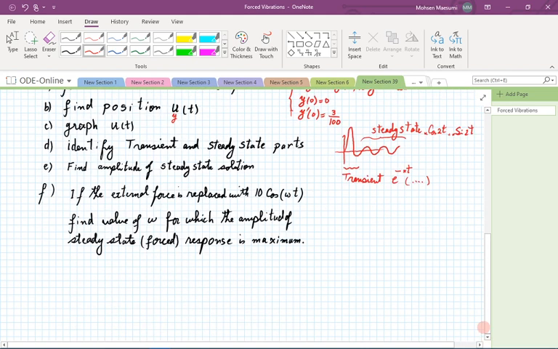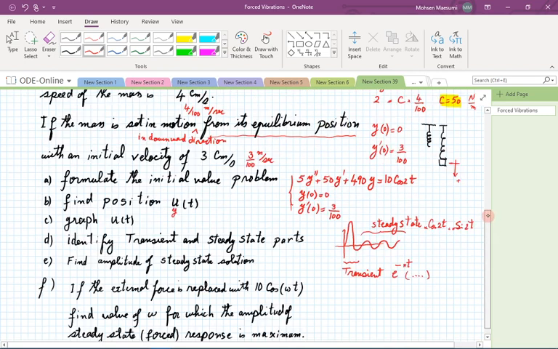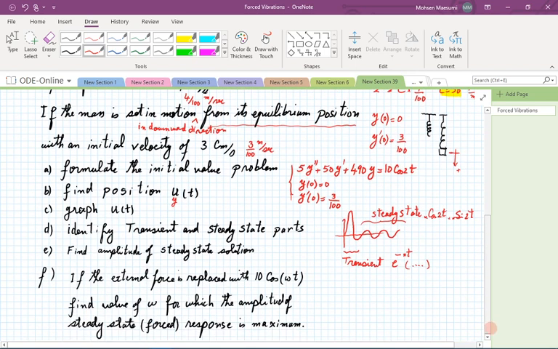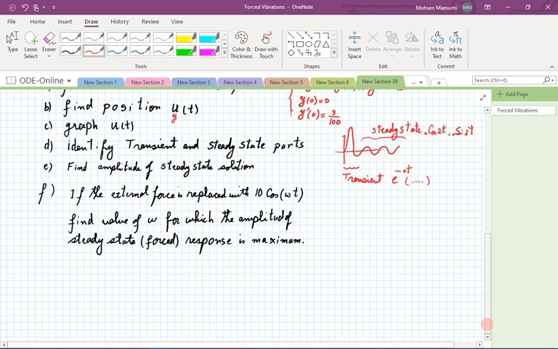The resonance issue is if I play with the frequency of the right-hand side, if instead of 2 I use some other frequency, what am I going to get out of that? What you get is that the amplitude of this oscillation, the steady state oscillation, is going to go up and down depending on what frequency you're going to have. So at some frequencies, it's going to perhaps look like this.